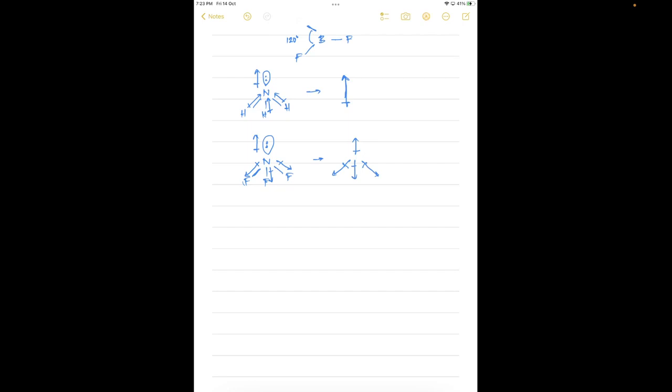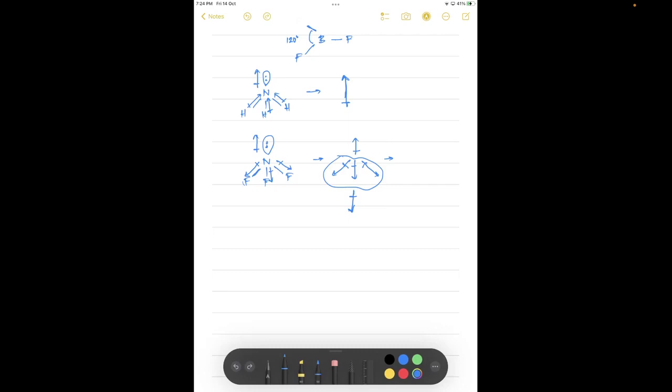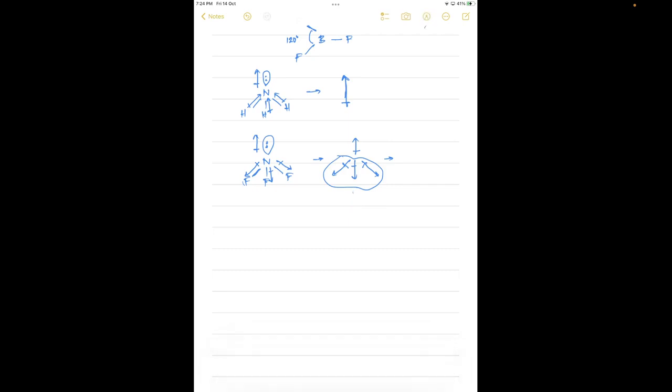If you take the resultant of these three dipole vectors, it will look like this, and the dipole vector corresponding to the lone pair of electrons will look like this.